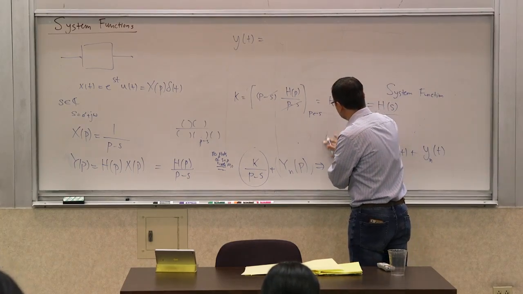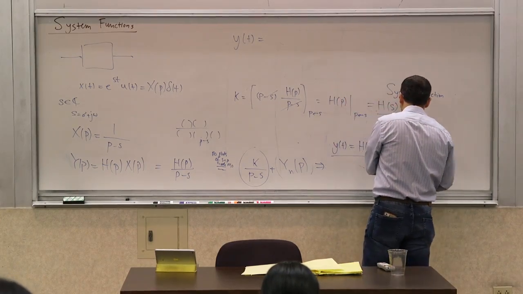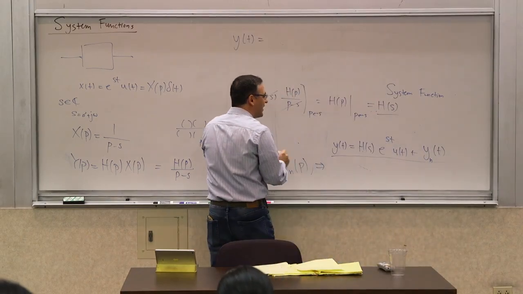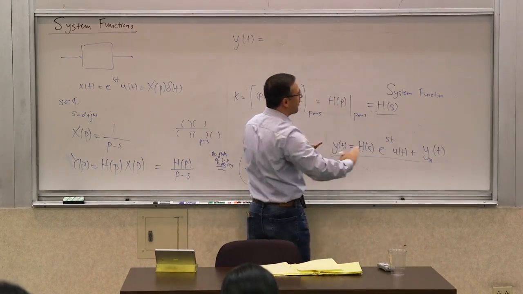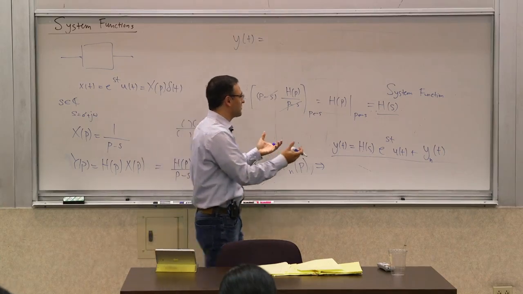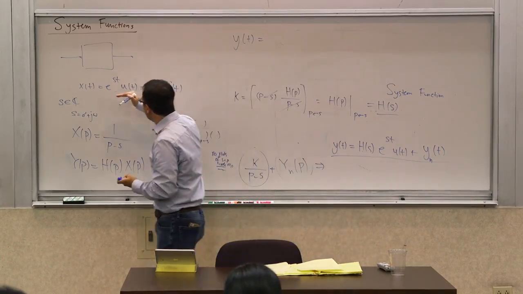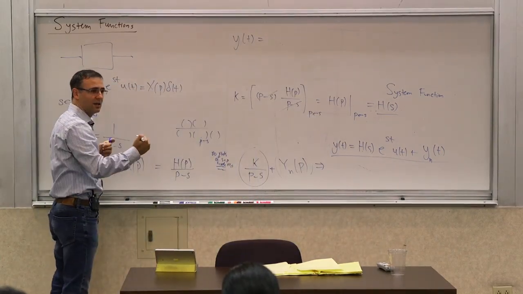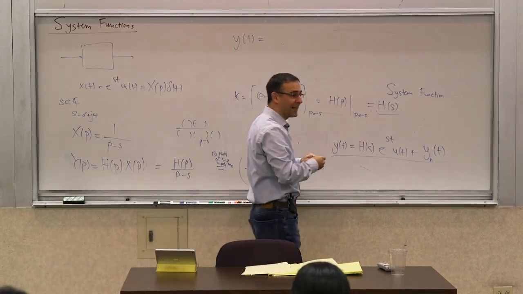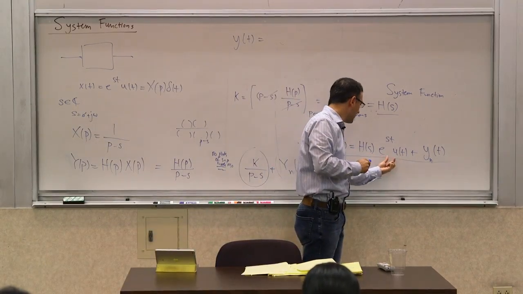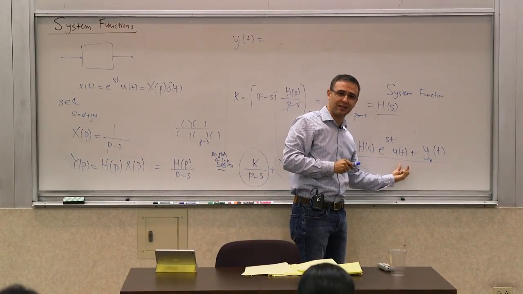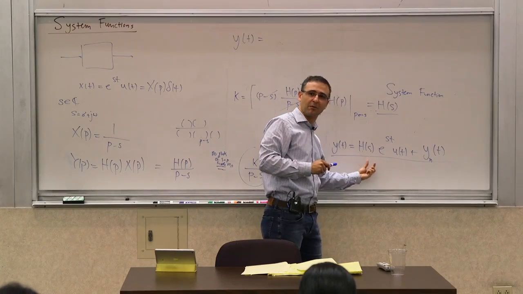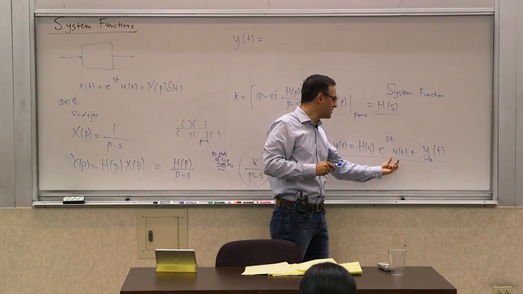So this is important because, now forget about all the derivation, look at this result. I had an input which was e to the st u of t. The system produced an output that has two parts. One part is e to the st u of t, with some coefficient weighted by some function h of s, and then some other part.